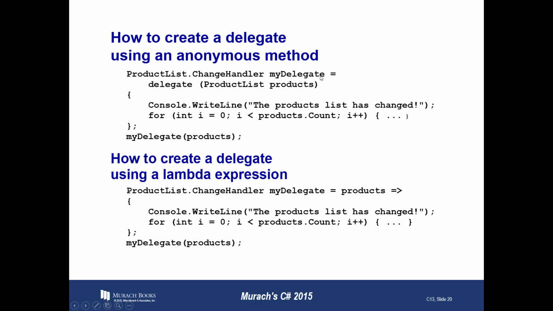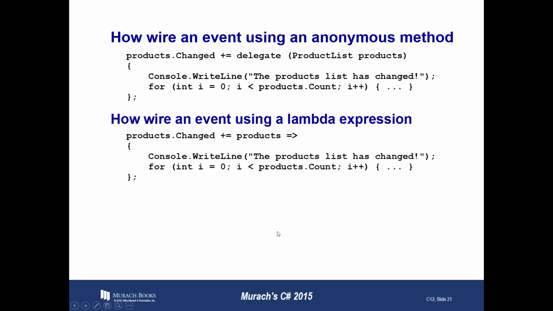So you'll notice my delegate equals delegate, no name there, and you do whatever it is you want to do. With a lambda expression, typically on the left-hand side of this lambda operator, which is an equal sign followed by a greater than sign, you put where the result should go. And then on the right is what you want to do to get there. Hopefully that made at least some sense.